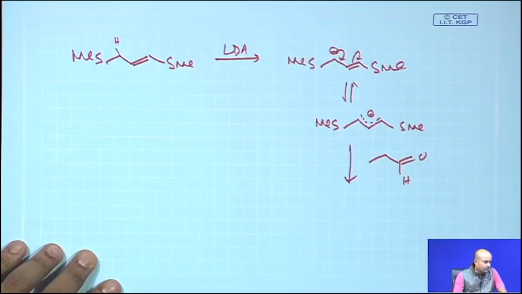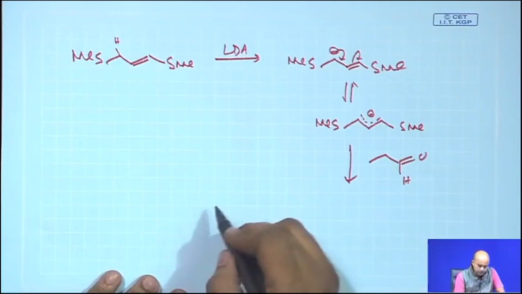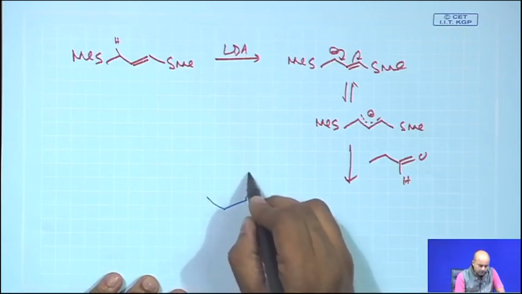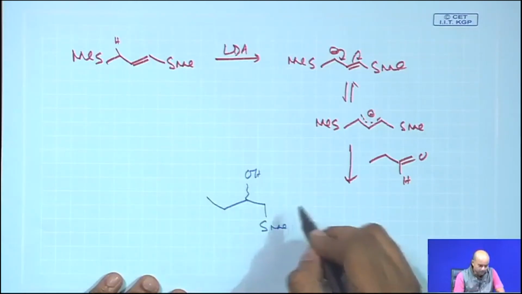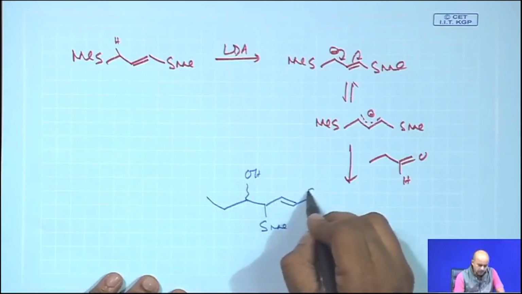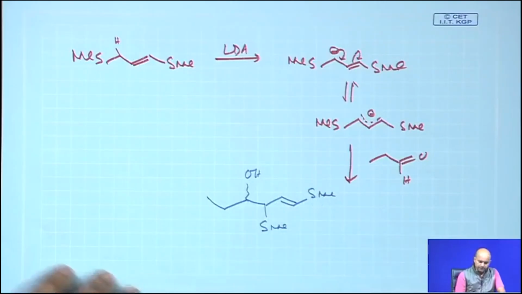Now, this was reacted with your N propanol. So, N propanol reacts and then initially what you get? You get this OH, you get this SMe and SMe. Fine.